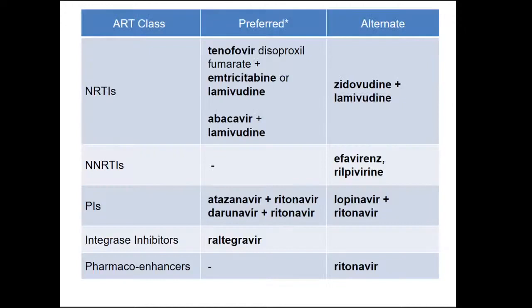This is the table of such medications, classes of the ART drugs, and you see here NRTIs, for example, tenofovir, emtricitabine, lamivudine, this preferred combination, abacavir plus lamivudine also is one of the preferred combinations during pregnancy.